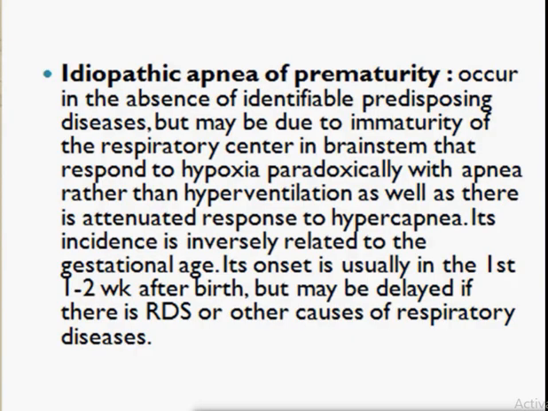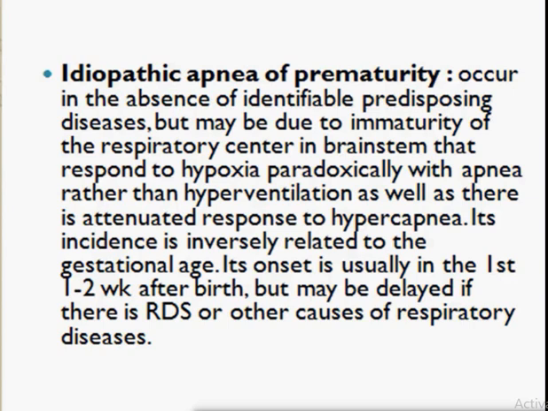الإيديوباثيك apnea of prematurity اللي احنا قبل شوية قلنا عنها هي طبعا occurring in the absence of identifiable predisposing disease but may be due to immaturity of respiratory central and brain system that respond to hypoxia paradoxically with apnea. يعني هو يصير hypoxia أو يصير hypercapnia بدل ما increase أو يصير stimulation respiratory central راح يصير العكس. إيش راح يصير؟ يصير apnea rather than hyperventilation, as well as there is attenuated response to hypercapnia.